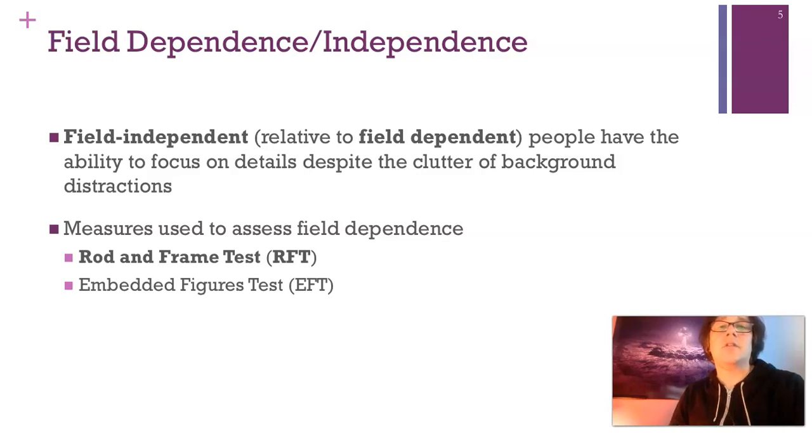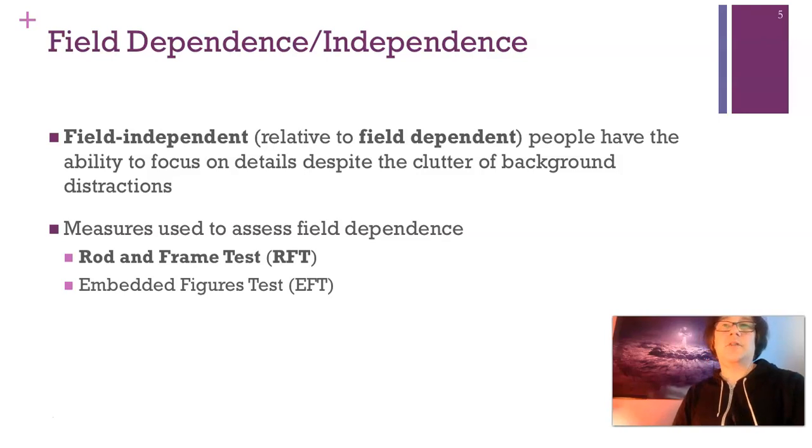But people who are field independent tend to just be independent overall, in their personality and in how they interact with other people. So not just in how they process information, but this also tends to be reflected in how they behave, or how they treat others. They tend to not be very interested in other people's opinions.